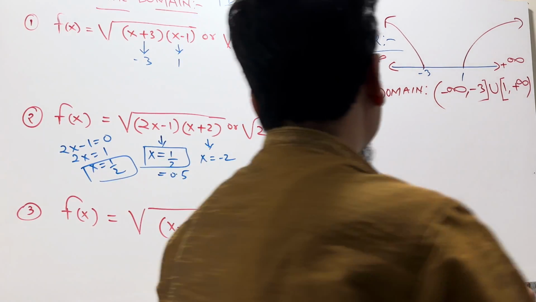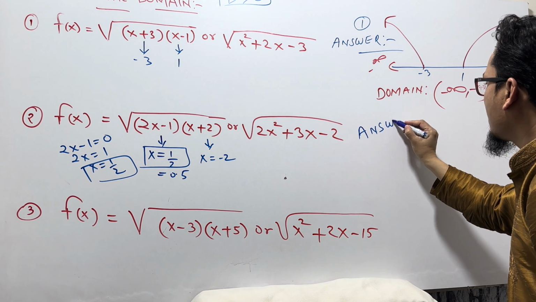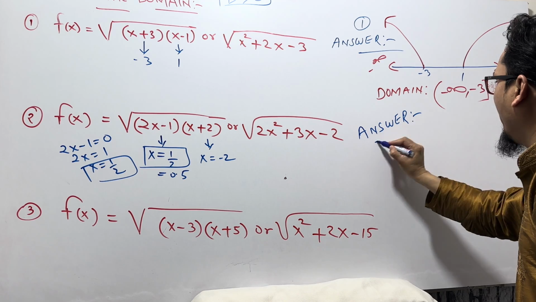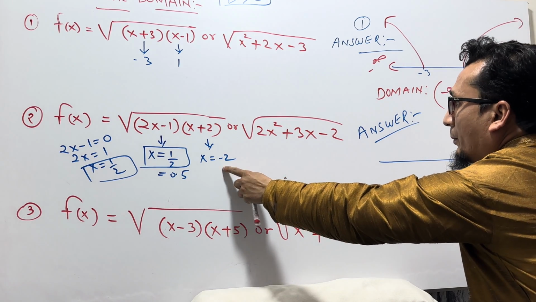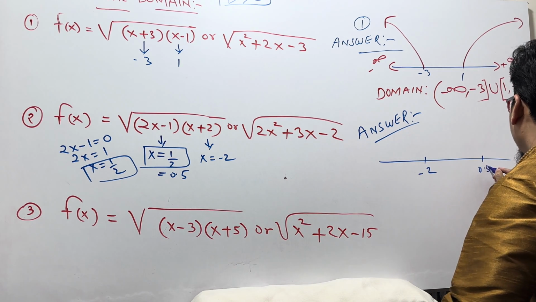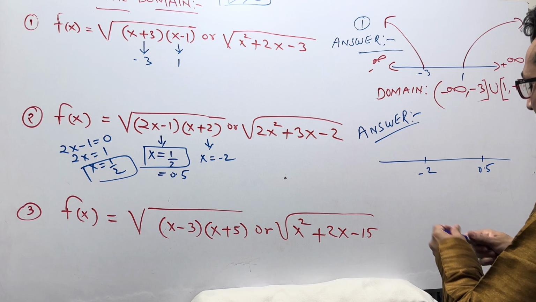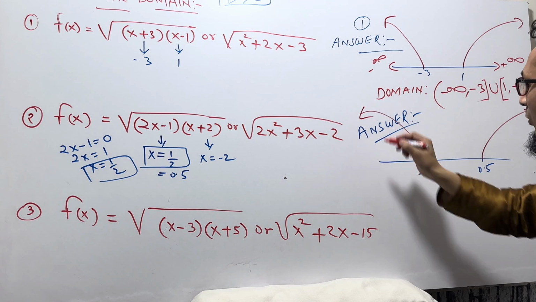Okay. So what is the answer here? The answer here, you can say this is the number line, and minus 2 is here, and 0.5 will be here. So after then do one thing, draw a line here and one in this direction always.